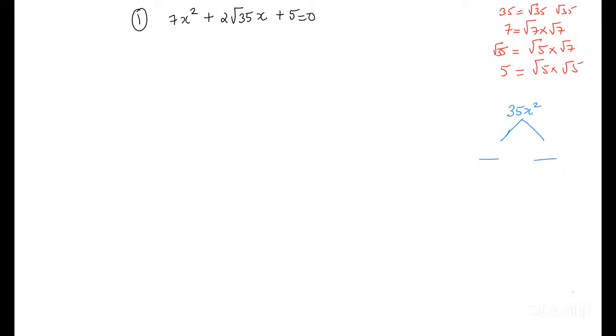So now you should know that if I do 7 into 5, it becomes 35. But it will not come as the middle term, which is 2 root 35. So it means that we need some term which is related to root 35 only. If I get a whole number or a natural number or an integer, I will not get the answer. Why am I not getting the answer? Because it is not related to root 35.